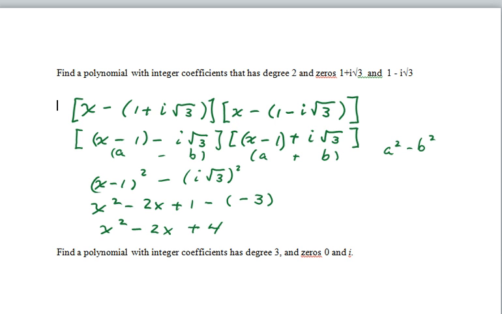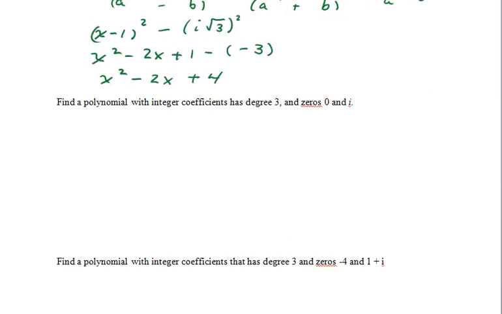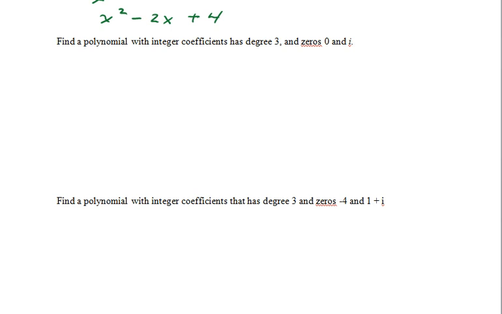The next example, we're to find a polynomial with integer coefficients which has degree 3 and zeros 0 and i.